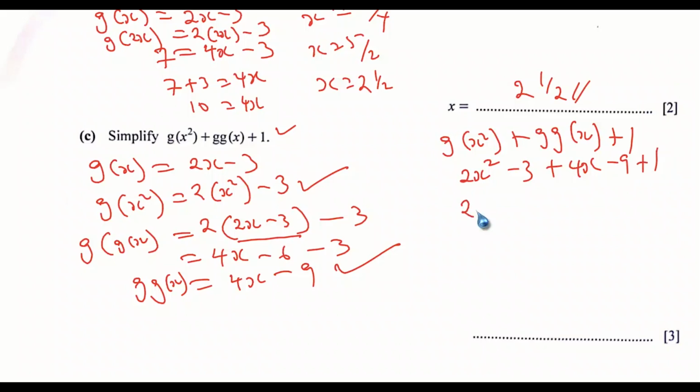So that will give us 2x squared minus 3, plus 4x, then minus 3 minus 9, that will be minus 12. Minus 12 plus 1, that will be minus 11. So we can simplify this to 2x squared plus 4x minus 11.